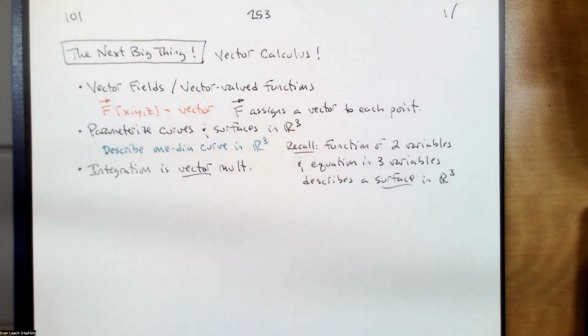The integration that we'll be calculating will be based on vector multiplication. Integration is multiplication, but one of the factors is continuously variable. In vector calculus, that multiplication is going to be described with a dot product or a cross product, mostly a dot product.